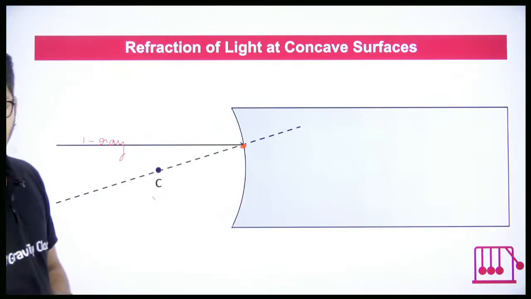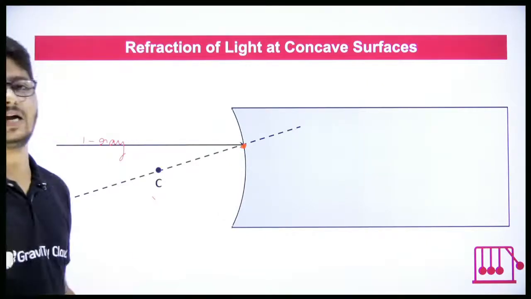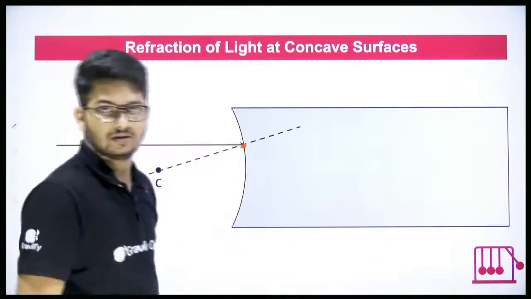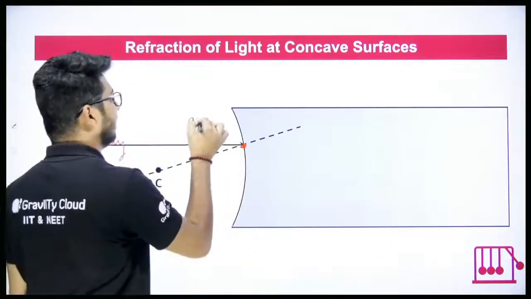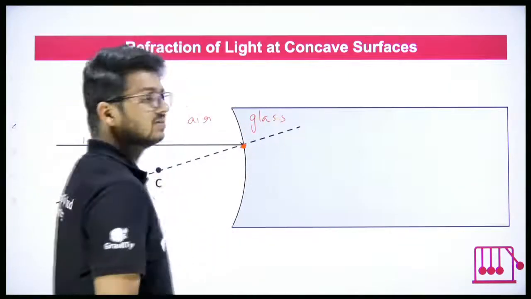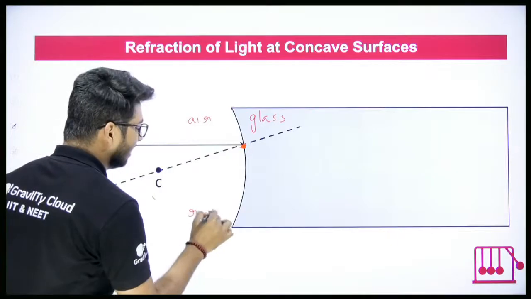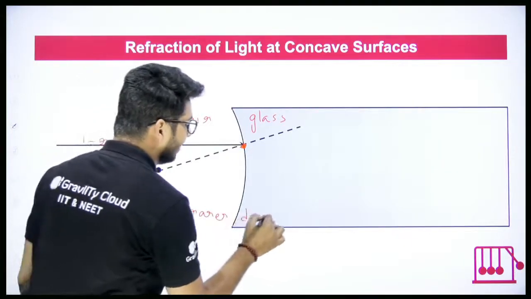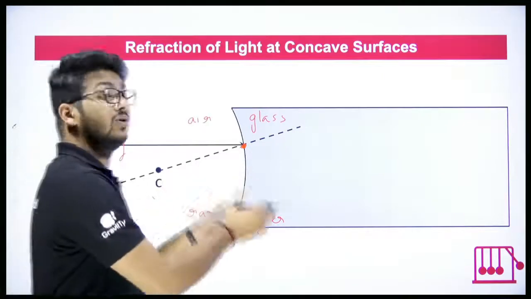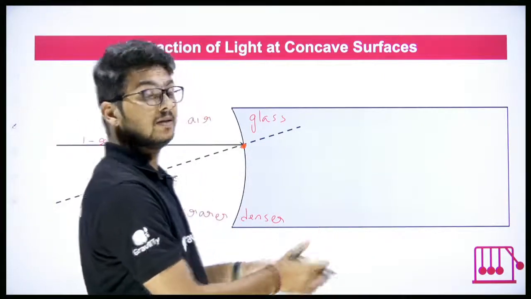Then what will we do? We have to first figure out whether it is going from denser to rarer or rarer to denser. As I said, it is going from air to glass. We have taken the example of air to glass. Air is rarer and glass is denser. So the ray is going from rarer medium to denser medium. Then what happens?